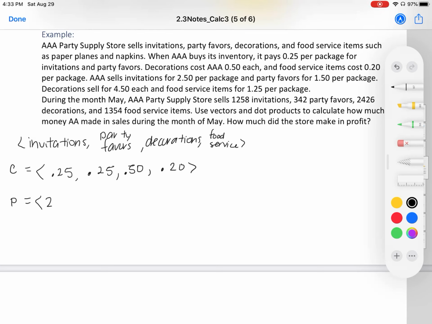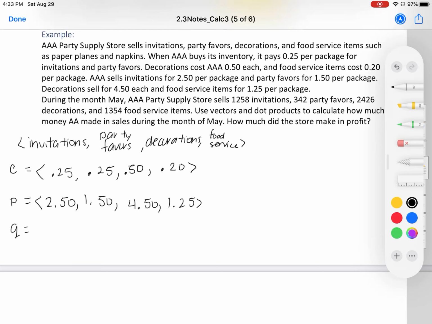Invitations sold for $2.50, party favors for $1.50, decorations for $4.50, and food service for $1.25.